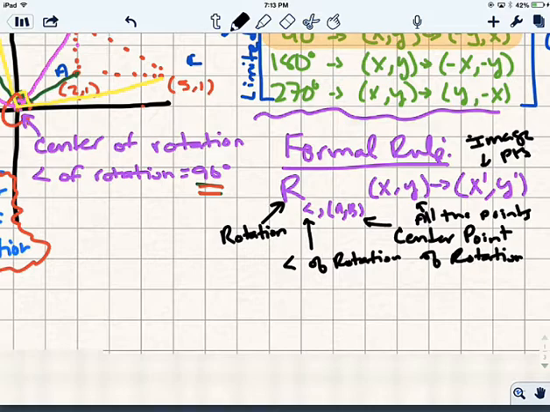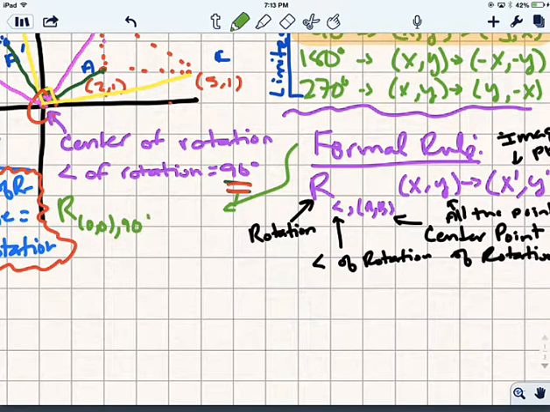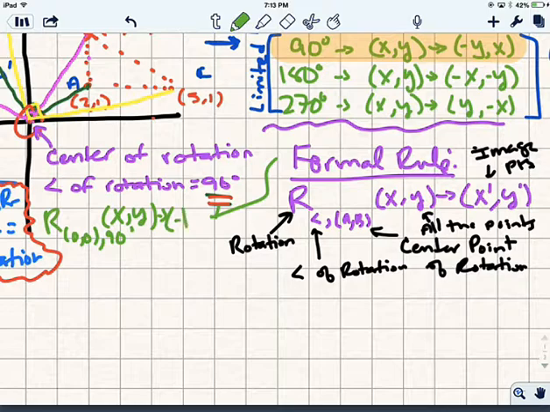So if I'm going to write the formal rule for this, I would write it like this. The rotation about (0, 0) of 90 degrees takes all my (x, y)'s to (x', y'), which in this particular case is going to be (-y, x).